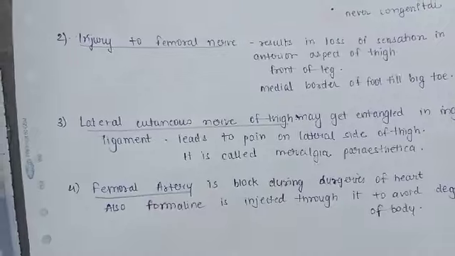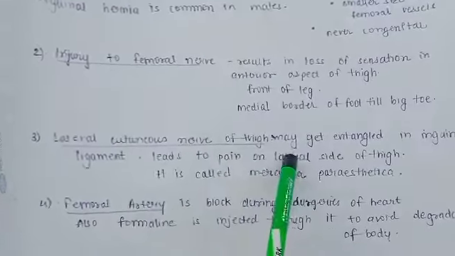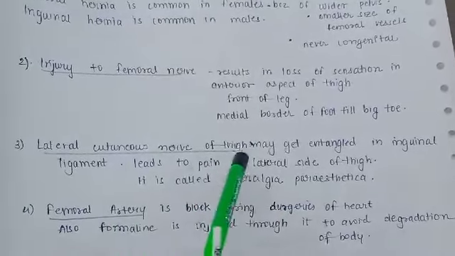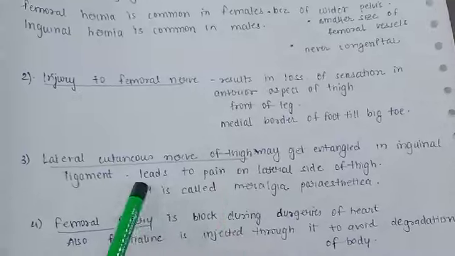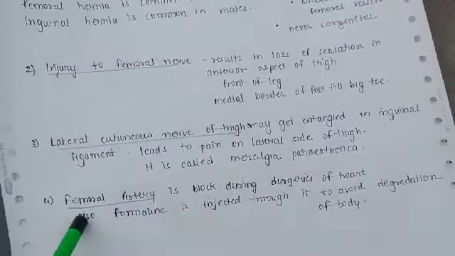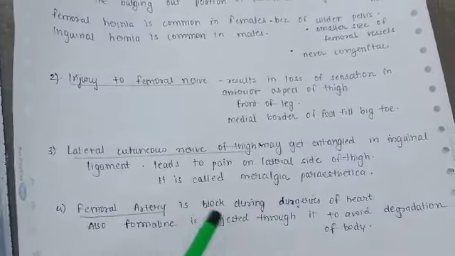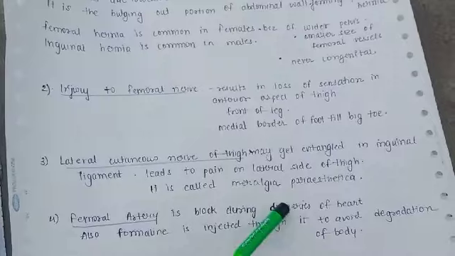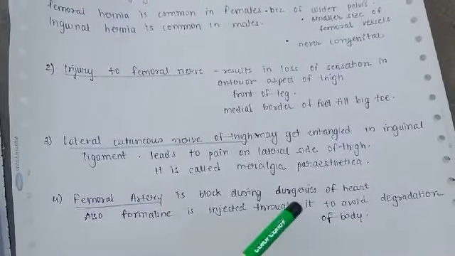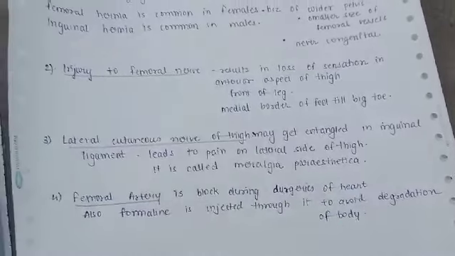Then there is the lateral cutaneous nerve of the thigh, which may get entangled in the inguinal ligament and leads to pain in the lateral side of the thigh, that is also known as meralgia paresthetica. And here the fourth and the last is the femoral artery, whose blockage is done during heart surgeries, and also formalin is injected through this femoral artery to avoid the degradation of the body.